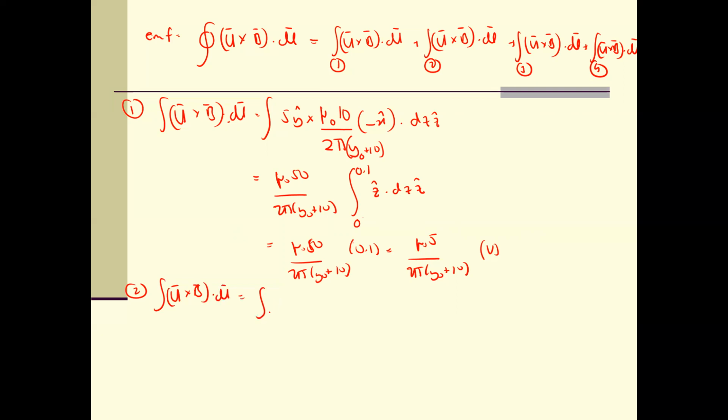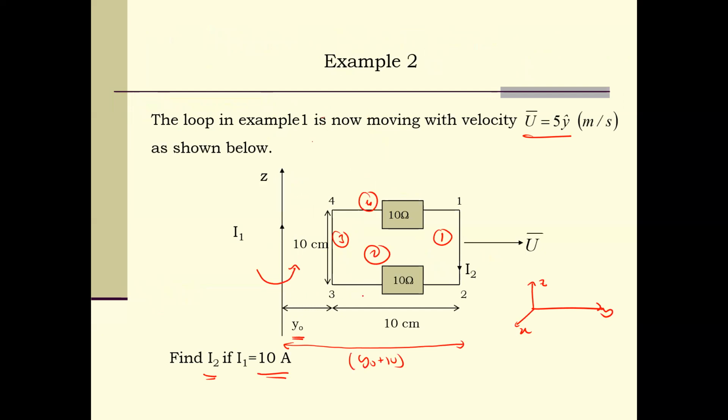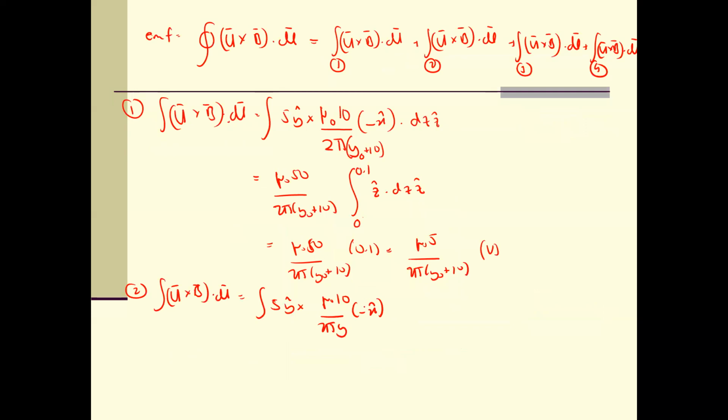U will still be 5 of Y, whereas B is mu naught 10 over 2 pi of Y, in the direction of negative X. For side number 2, I'm taking Y as a variable, because the perpendicular distance from I1 to side number 2 goes from 0.2 to 0.3. So I just put Y as a variable, and then we take this dot product with the dl.